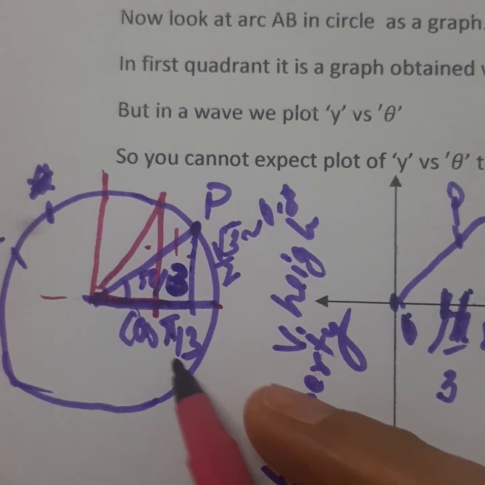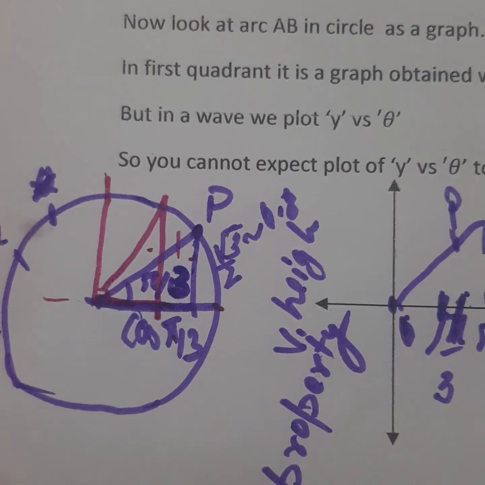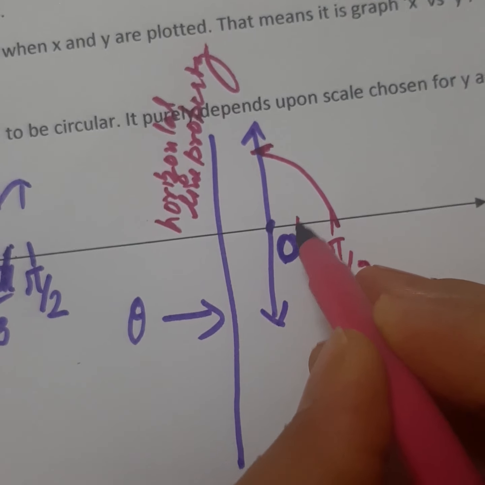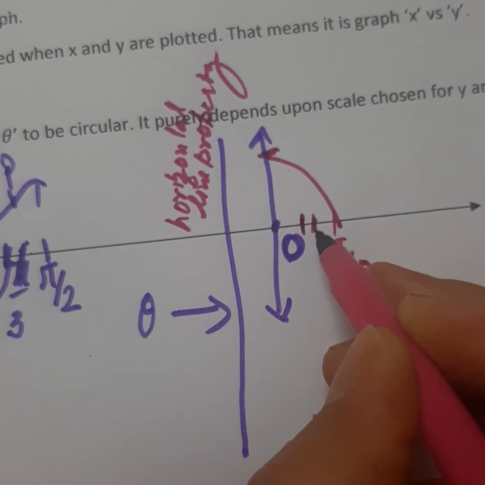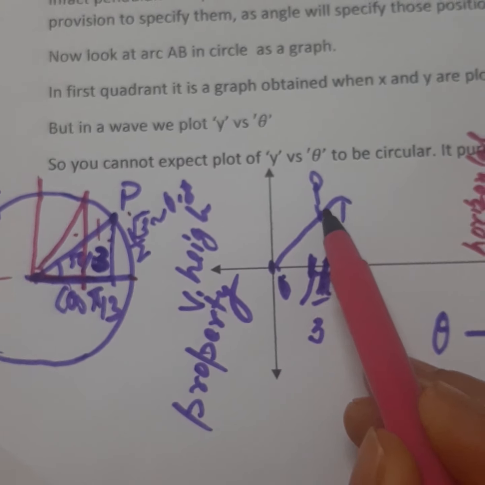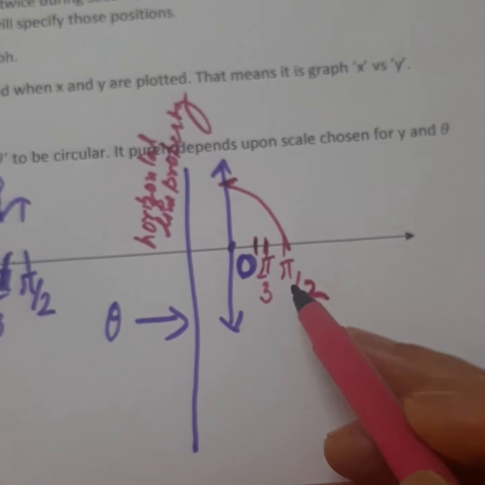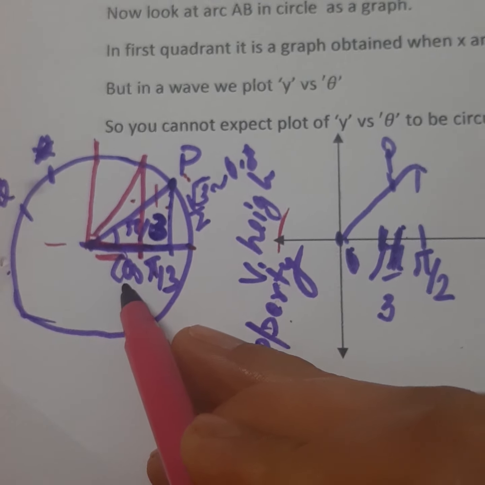And cos pi by 3 is half. But first let's look at pi by 3 here. This is pi by 2, this is going to be pi by 4, and pi by 3 is somewhere in between. I'm not locating it exactly. Suppose this is your pi by 3. So the point P, we're talking about the same point. Here also we look at point P, but as per its vertical height. And here we are locating point P at pi by 3 by using its horizontal line property, which is cos pi by 3.